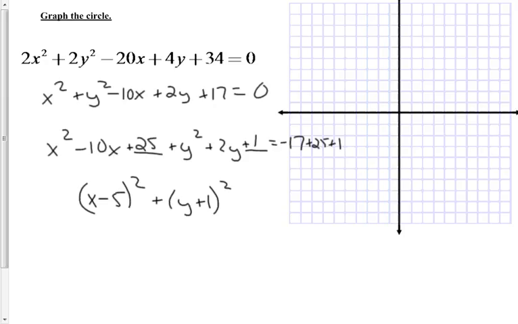What do we get on the other side? 9? Okay, equals 9. I went very fast, but anybody got a certain question there? Don't know where I got some of the numbers. Center, of course, 5, negative 1, and the radius is 3.